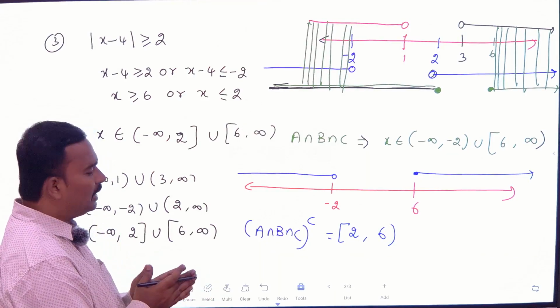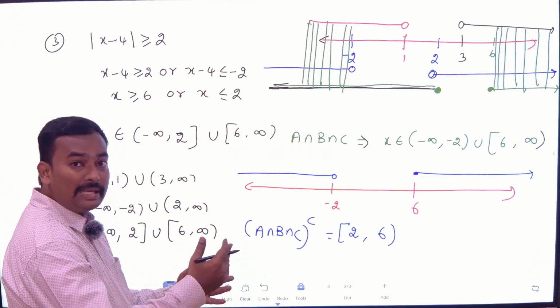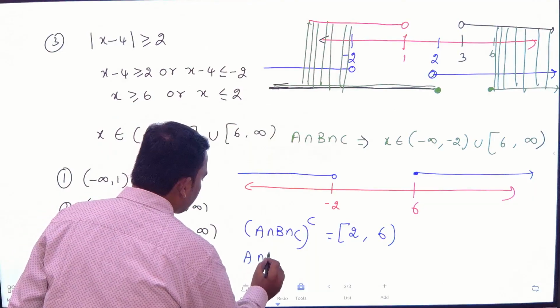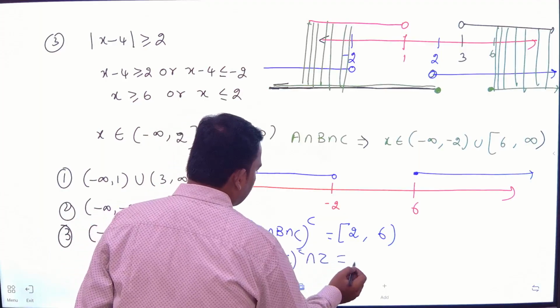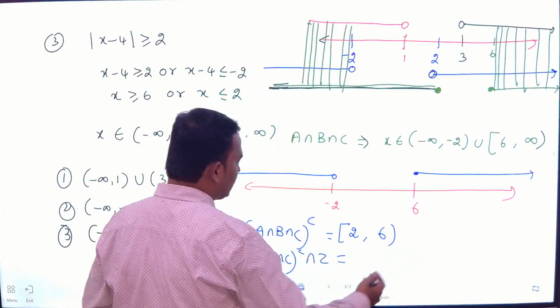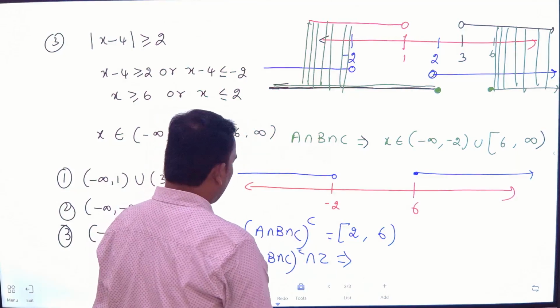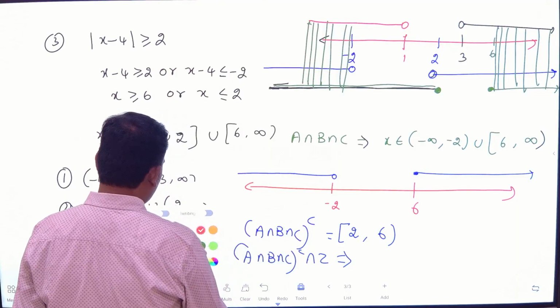Now you have to take the intersection with Z. What are the common integer values, right? Now you have to collect A intersection B intersection C whole complement intersect with Z. What are the integer values there? Let's take another color.